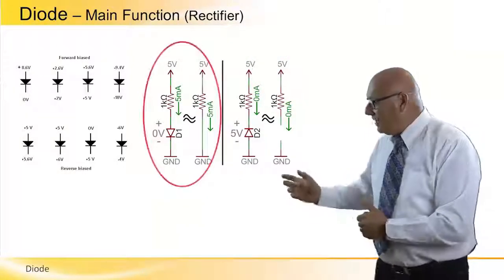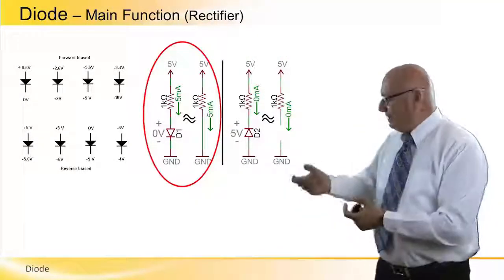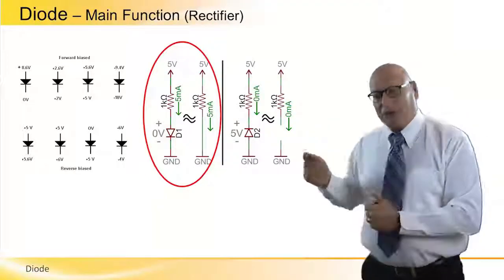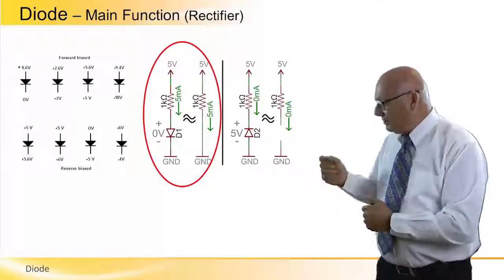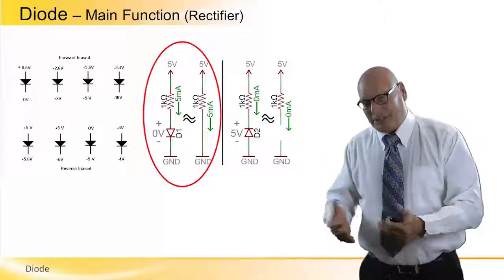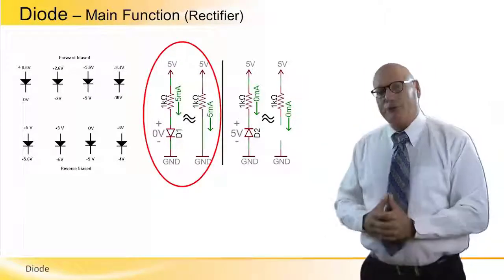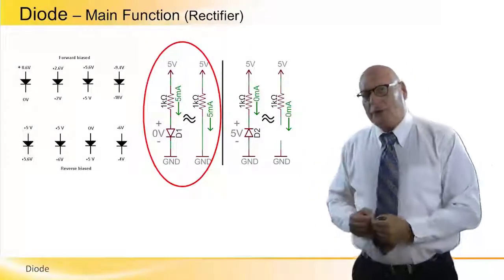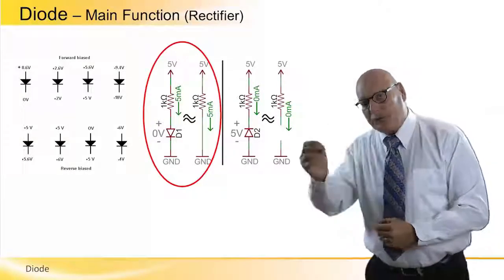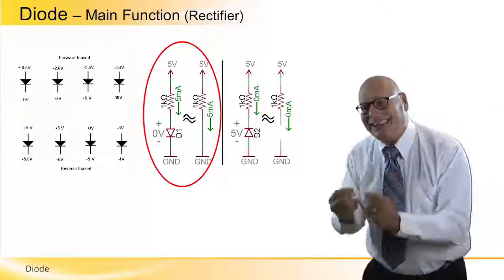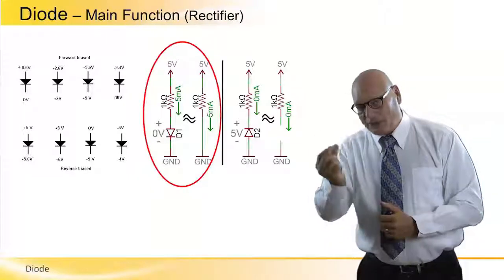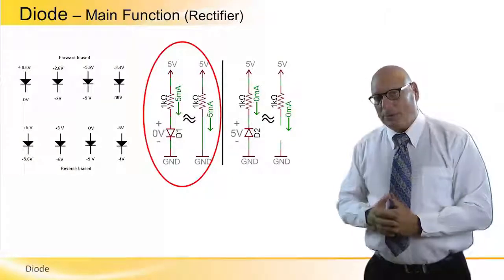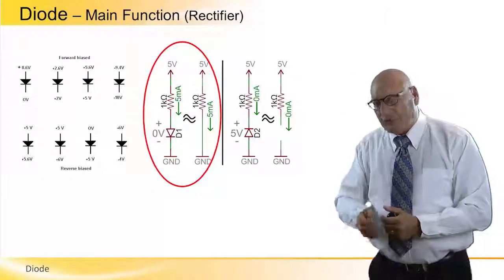However, in the case of D1, when the potential of the anode of D1 is greater than the potential of the ground, which is 0, then current can flow. When current can flow through the diode from the anode to the cathode, and ideally the internal resistance, like we said before, is 0, it's like a short.